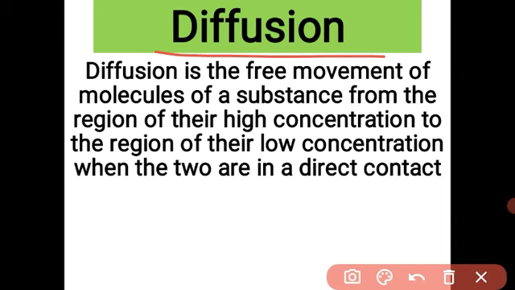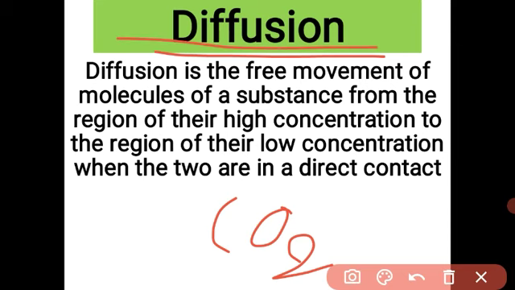Got it? In a leaf, in the atmosphere there is a high concentration of carbon dioxide, and through the stomata, where there is a lower concentration of carbon dioxide in the leaf, the leaf absorbs carbon dioxide from the atmosphere by diffusion.